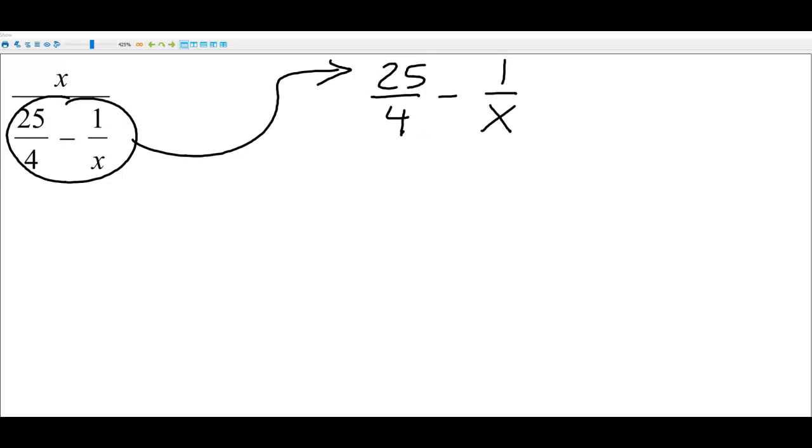So to subtract them, we need a common denominator. So what will I multiply this side by? And what will I multiply this side by?